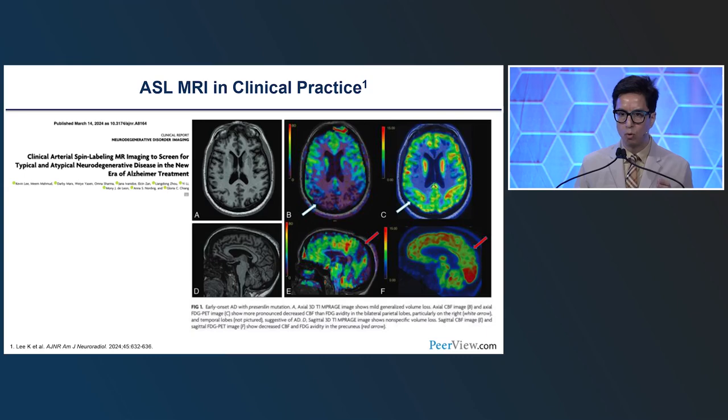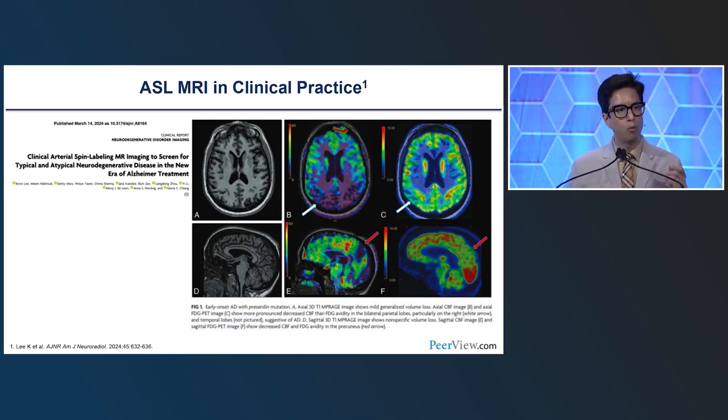And the reason that's important, as we can see in this recent paper from AJNR that was published out of Dr. Gloria Chang's group at Cornell, shows these really nice images where you have axial and sagittal T1-weighted images, axial and sagittal ASL images projected and fused onto the T1-weighted scan, and then FDG PET images that are also fused onto the T1 scan.